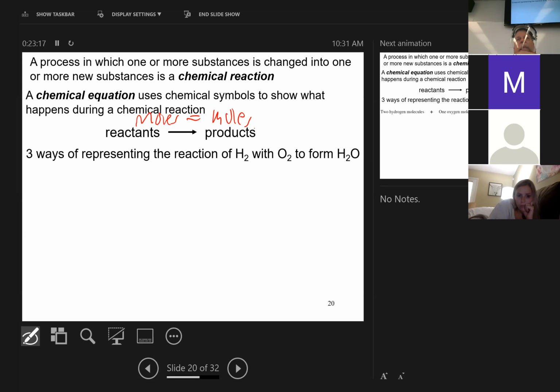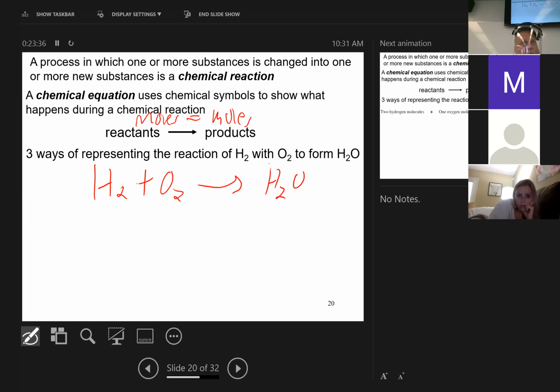Why? Because in chemical reactions, elements are not created or destroyed. They are rearranged, correct. So for example, hydrogen plus oxygen goes to form water.